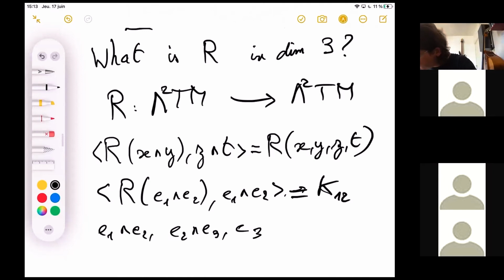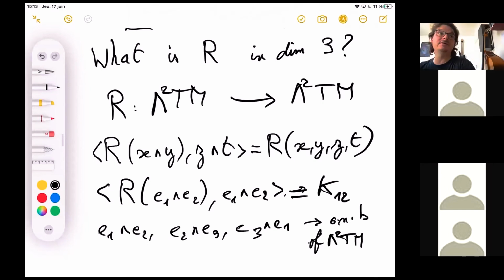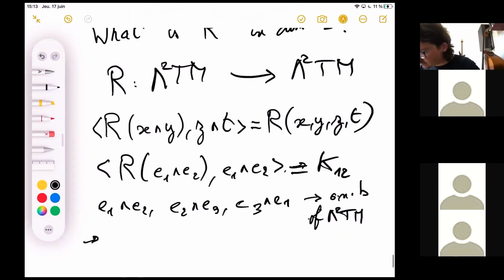We're in dimension 3, so this is an orthonormal basis of Lambda^2 of TM. This gets much more complicated starting in dimension 4, but in dimension 3, any orthonormal basis is of this form, for some orthonormal basis of R^3. R is symmetric.